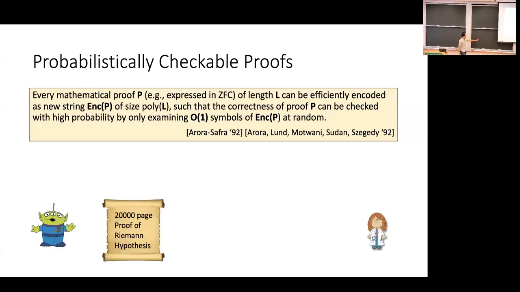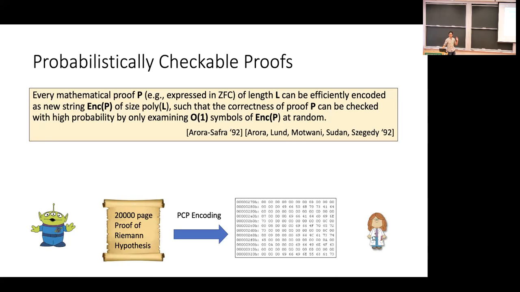Just to illustrate it, let's say some aliens came down to Earth and they said, here's a 20,000 page proof of the Riemann hypothesis. It's written in alienese and you don't know what's going on. You say, why don't you help us out and do this PCP encoding of your proof? And I will randomly select 3, 4, 5 symbols in your proof, and I can verify with high confidence whether you actually proved the Riemann hypothesis or settled it.